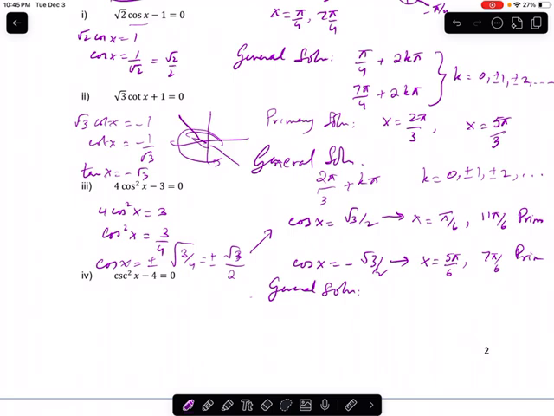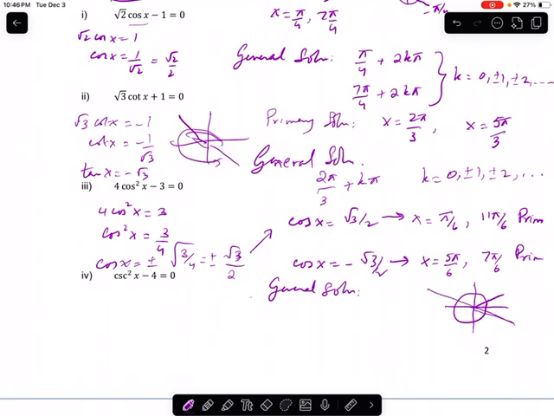But just let's check what is happening here. Can we reduce them? Can we reduce them to 2? So note here, pi over 6 is here, 11 pi over 6 is over here, 5 pi over 6 is here, and 7 pi over 6 will be here.